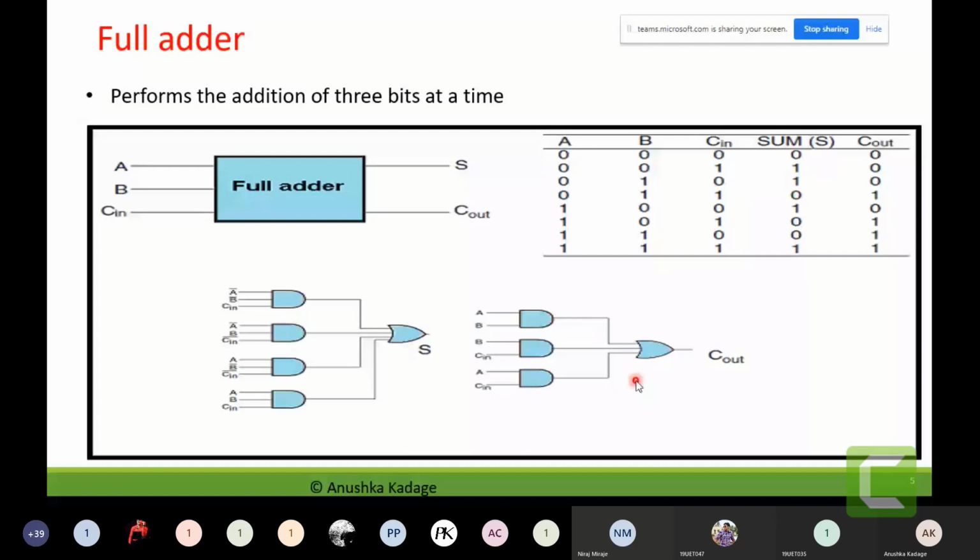So let's check for that. Cout value is 1 for the combination of 0, 1, 1. So it is A dash, B and C in.